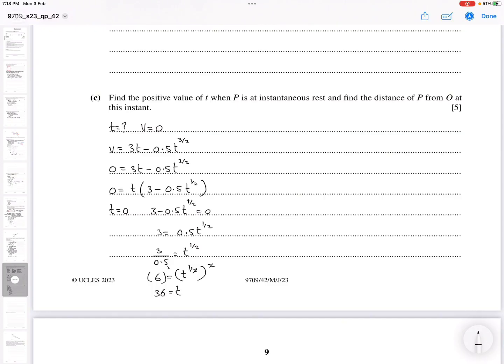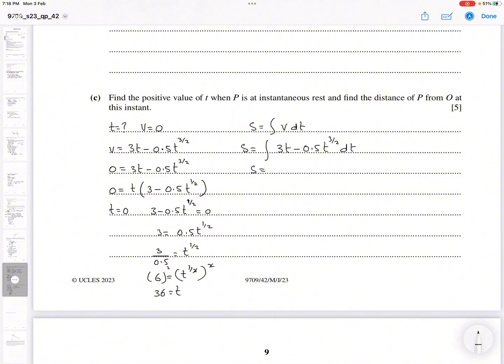And in the second part we have to find the distance of p from O at this instant. So distance is the integration of the velocity equation. So s is equal to the integral of 3t minus 0.5 t power 3 by 2 dt. So now integrate it.